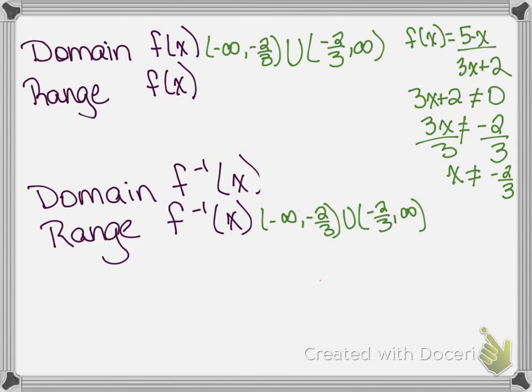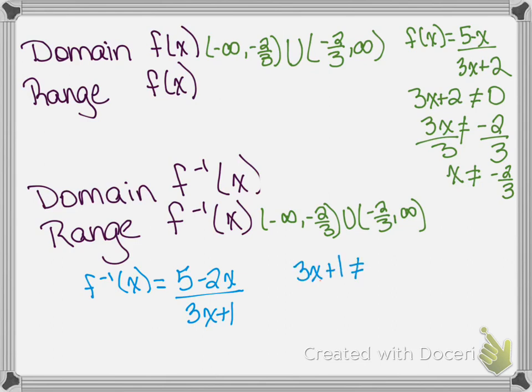Now f inverse of x, let's do that in a different color. F inverse of x is 5 minus 2x over 3x plus 1. We're still dealing with rationals, so I'm still focused on the denominator. My denominator, 3x plus 1, cannot be 0.